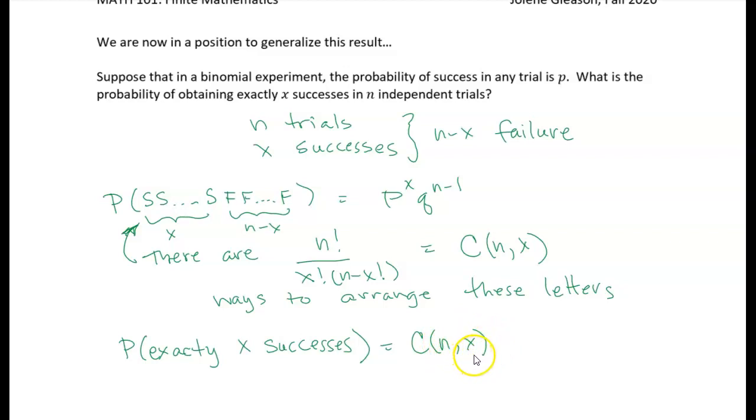We have that number of ways to arrange these successes and failures. And for each one of them, the probability is going to be p to the x, q to the n minus x. All right, and that's the result I was referring to earlier when I started this video. That's the result that we're going to use.